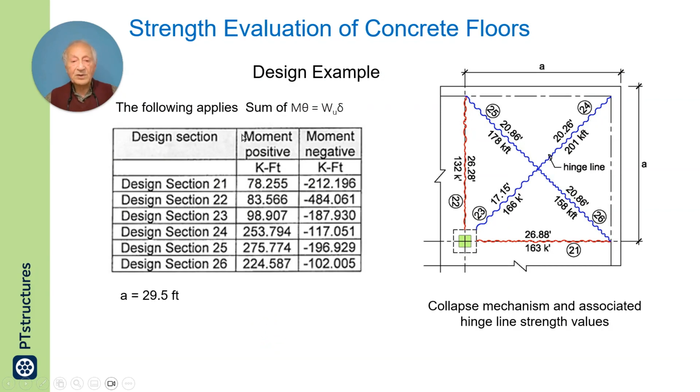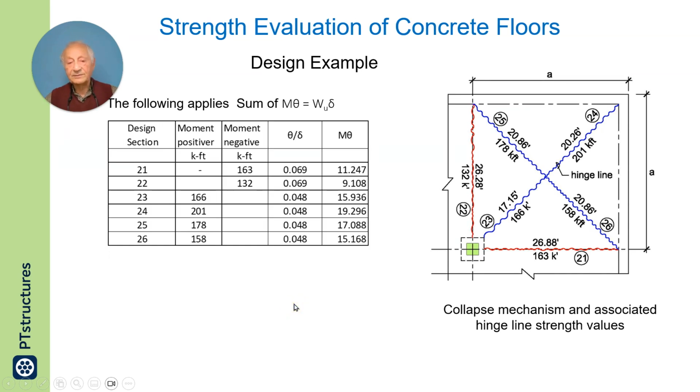And a table like this was set up, for example, for each design section. For each design section, like I have here, the moment positive and the moment negative is known, and depending on which way the hinge rotates, either the positive or negative moment will be applicable.